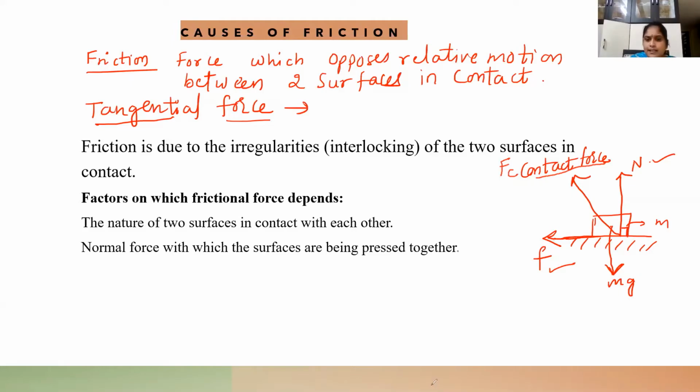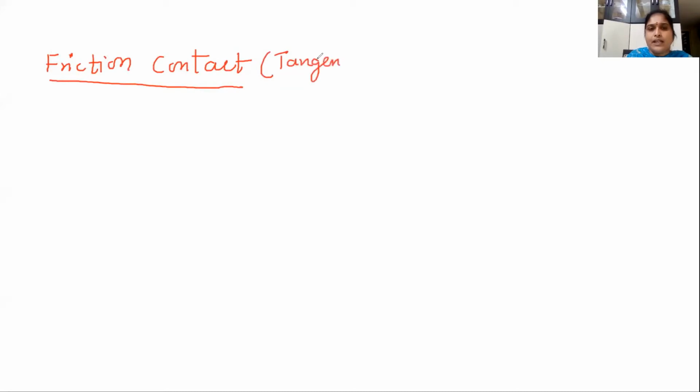Let us take a white screen and analyze this. We are studying frictional force. We studied that friction is a contact force, and friction will be applied tangential to the surface. On a body of mass M on a surface, the normal force will act vertically upward, and the tangential force will act in this direction.